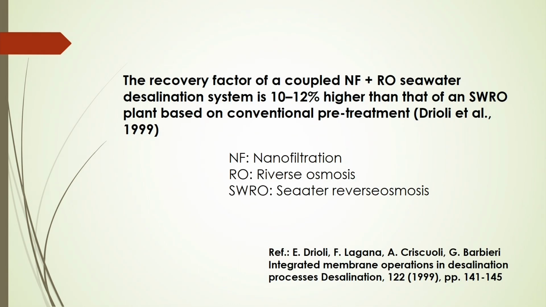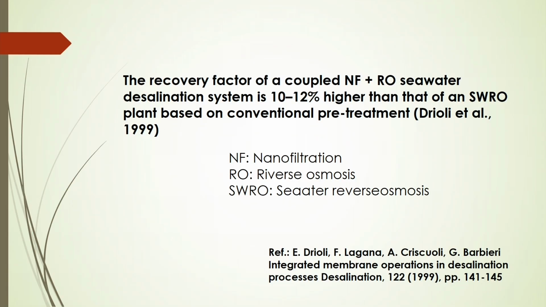And the recovery factor of a coupled nanofiltration and reverse osmosis seawater desalination system is 10 to 12% higher than that of a seawater reverse osmosis plant based on conventional pre-treatment there.